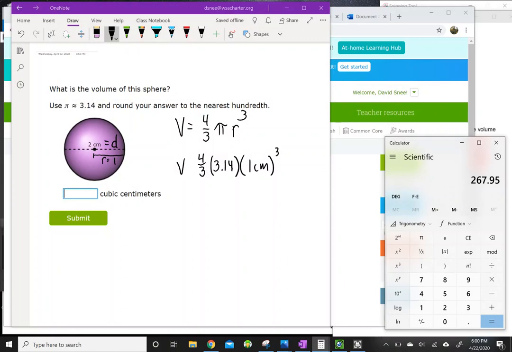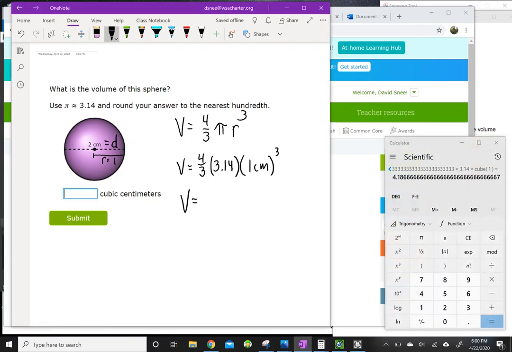Let's try it out. 4 divided by 3 equals, well, let's clear because that's not 4 divided by 3. 4 divided by 3 equals times 3.14, and 1 to the third is 1, times 1 to the third equals 4.186, repeating.